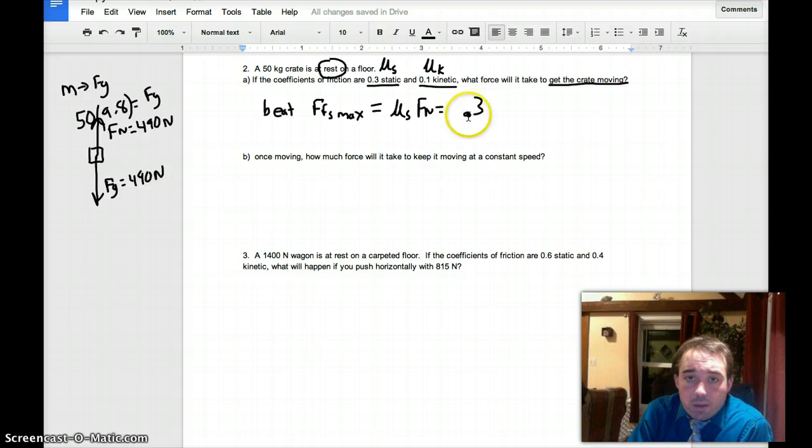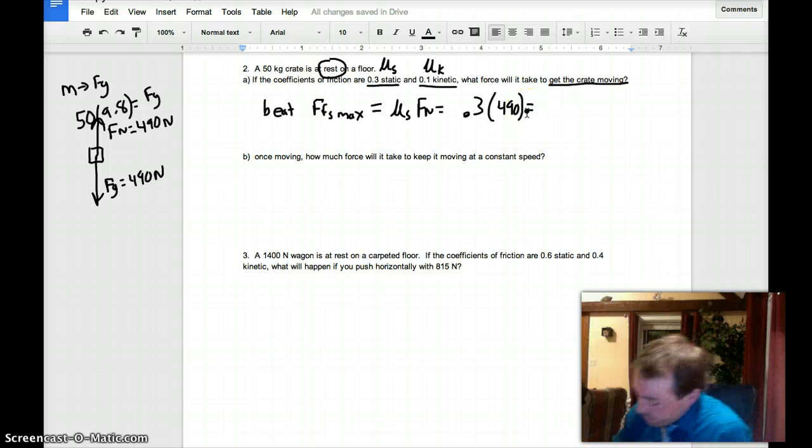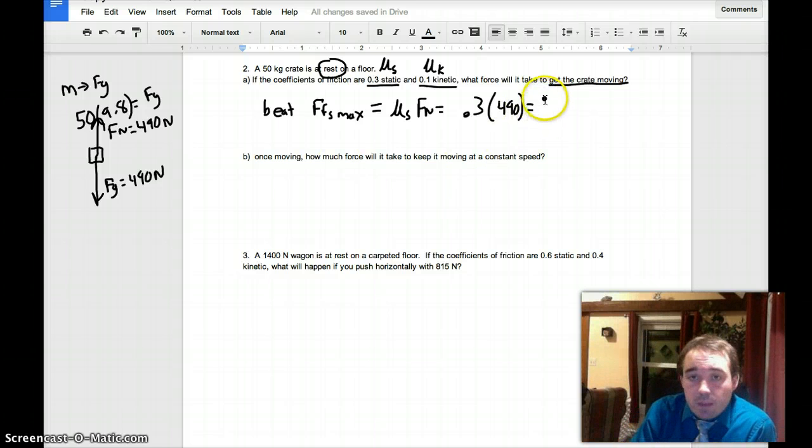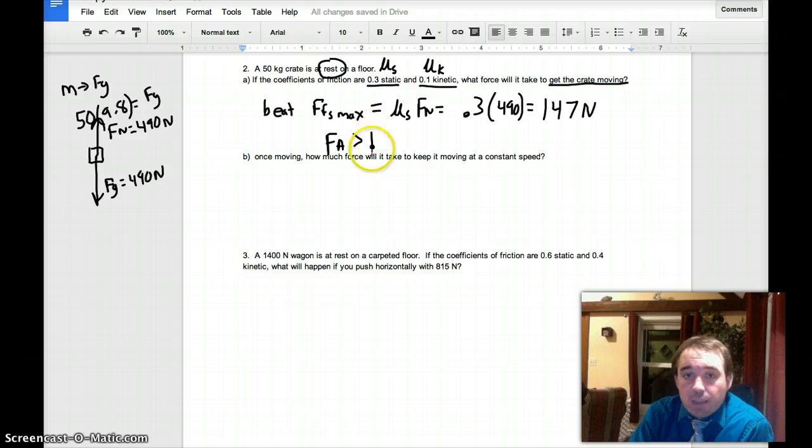So 0.3 times 490 is 147. So the maximum my floor could push back is 147 newtons. In order to make it move, I have to push with an applied force just a little bit greater. It can't be exactly 147. If it's 147, then the floor can match that. So it has to be something greater than 147 newtons.